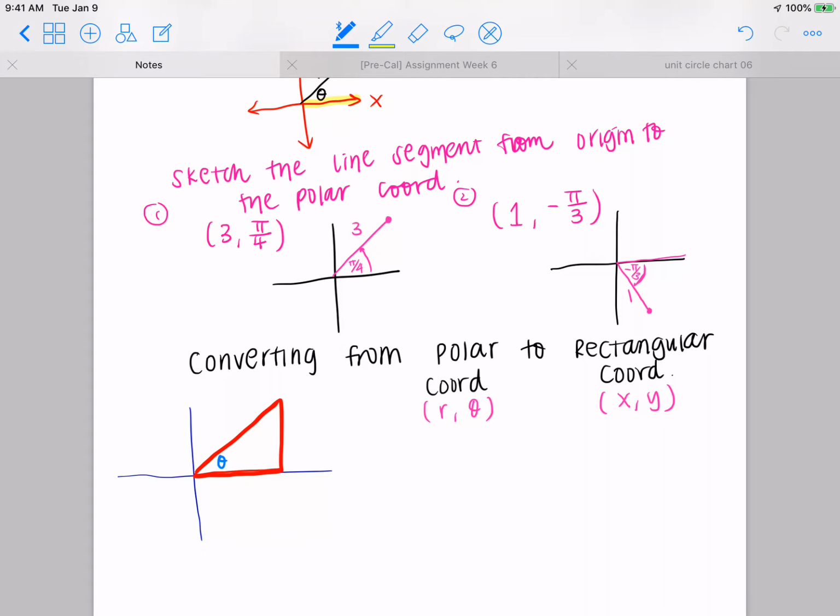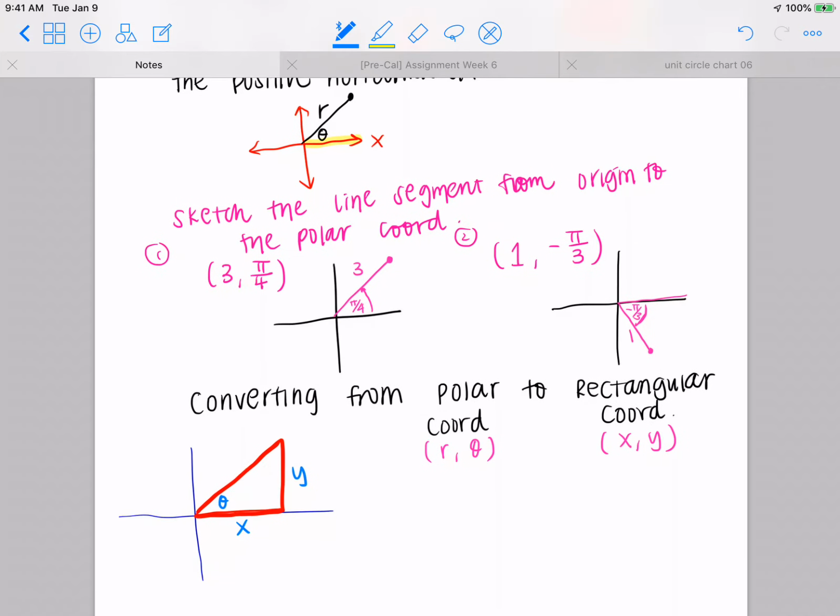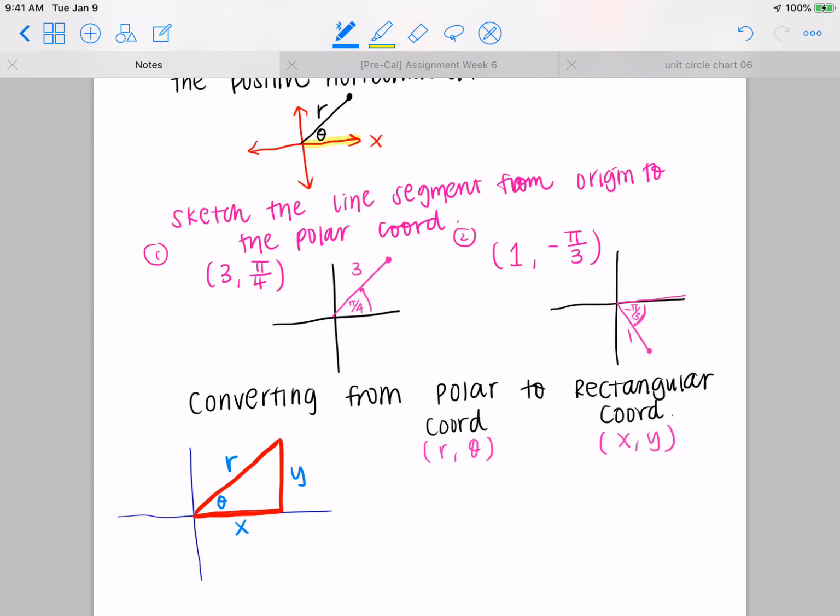If we go left and right, that's our x coordinates, right? And if we go up, that's our y coordinates. And up here, we said that the diagonal length is our r. Basically all those polar coordinates and rectangular coordinates are in this picture. But how do we connect them together?